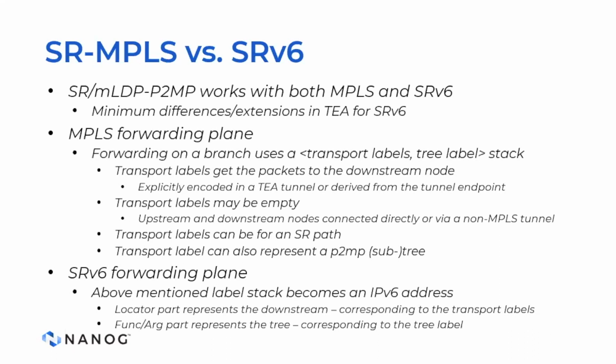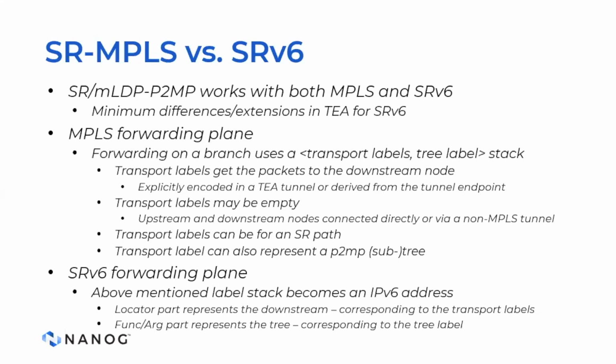In case of MPLS forwarding plane, the forwarding onto a branch uses a transport label followed by a tree label stack. The transport labels will get a packet to the downstream node. It could be either explicitly encoded in a TEA tunnel or derived from the tunnel endpoint listed in that tunnel.